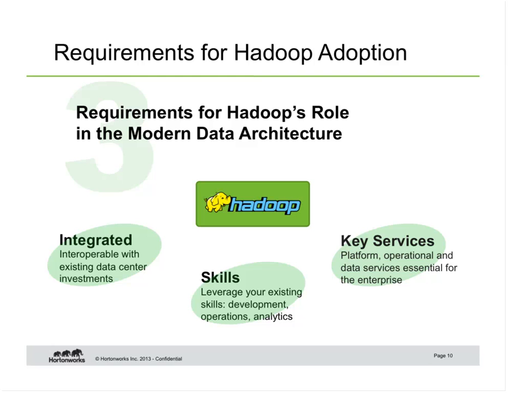It needs to work with skill sets that you have in your organization, so that people you've invested in, or people working in the IT organization, can leverage this as a +1 and not have to relearn and redo everything. And it needs to provide key services, and I'll go into some details there, to ensure that you treat Hadoop as a +1, with the same level of trust, running the same level of mission-critical applications and analysis in Hadoop that you would on your EDW as well.